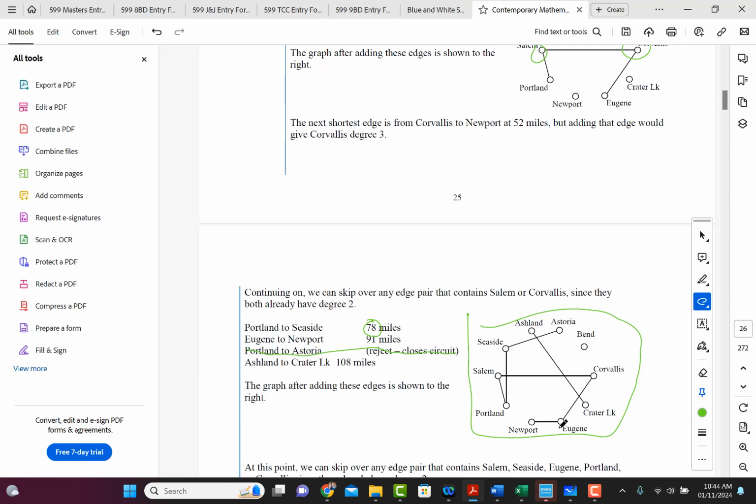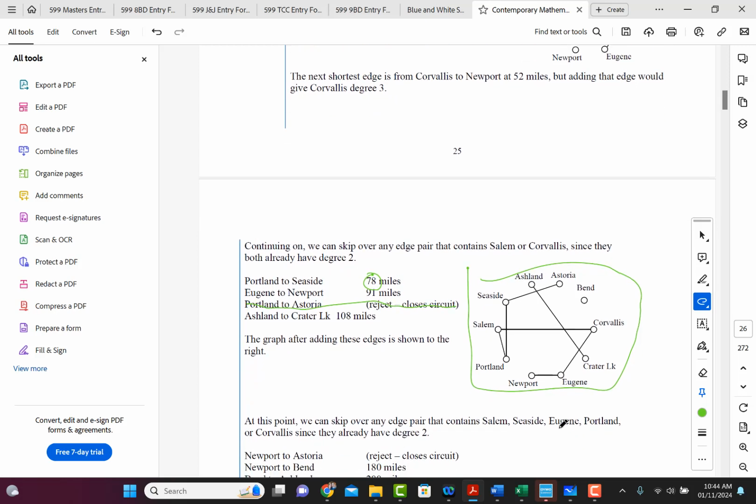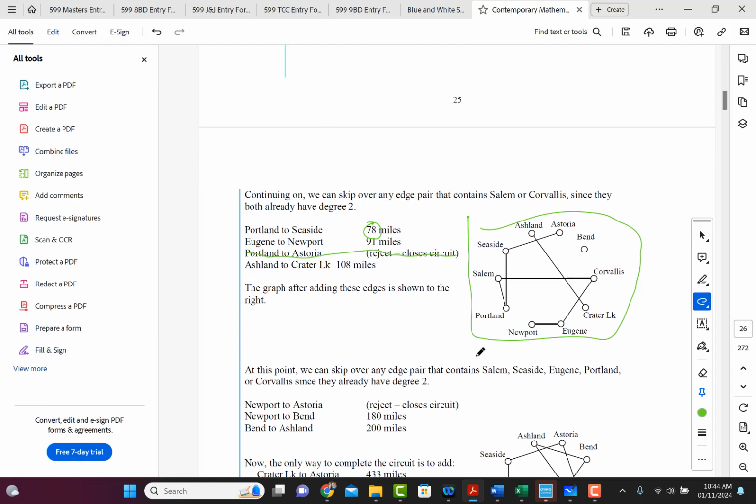Oh, and we can exclude Eugene too, because Eugene's got 2 as well.